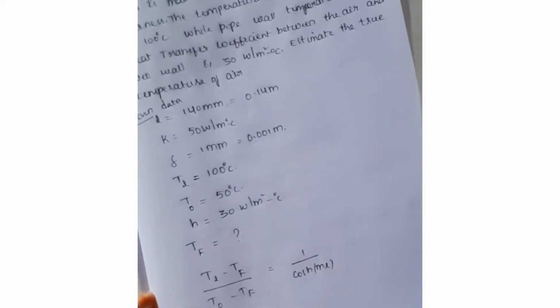In this equation, the unknown value is m. But we know from error measurement that m equal to square root of h by k delta.